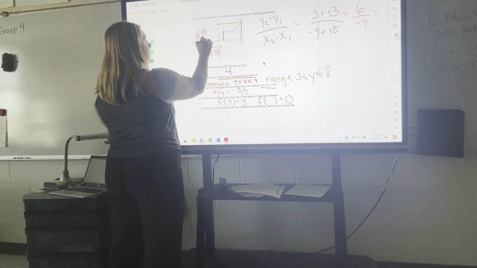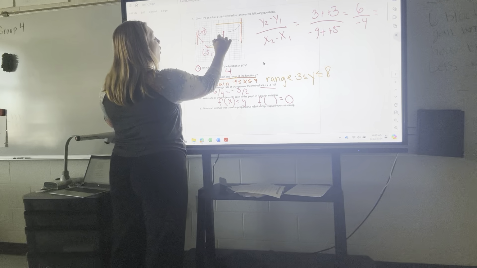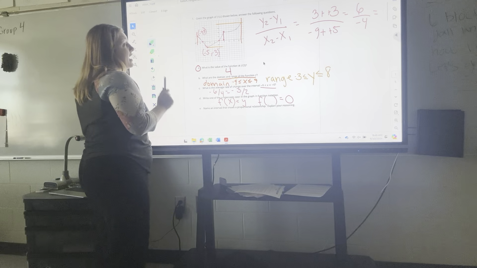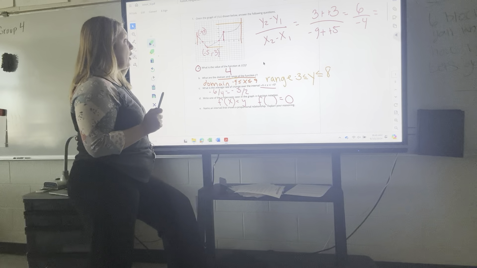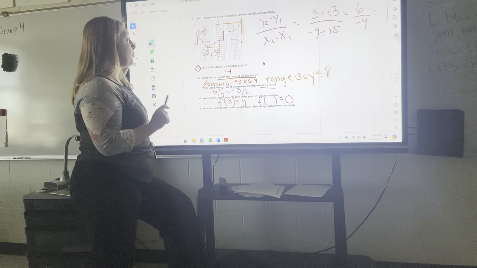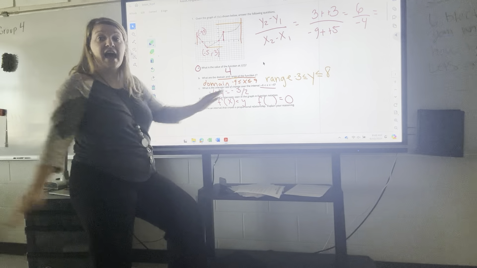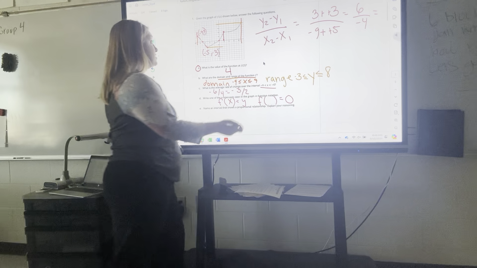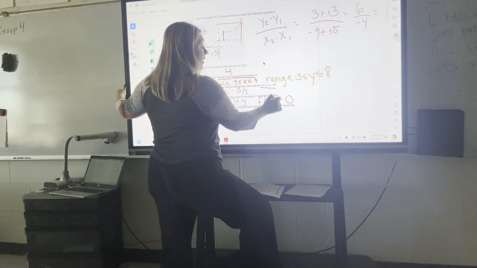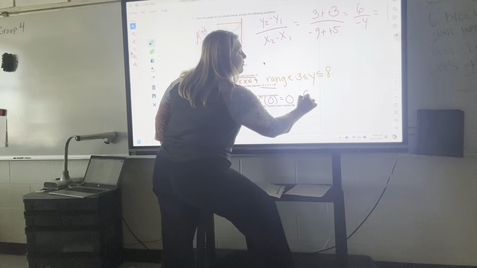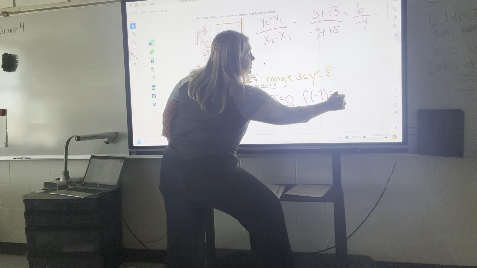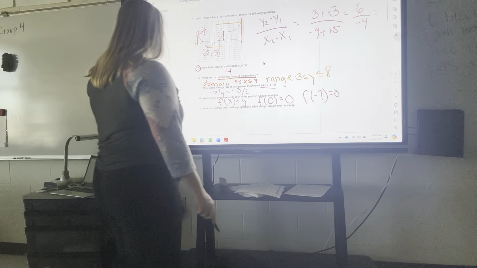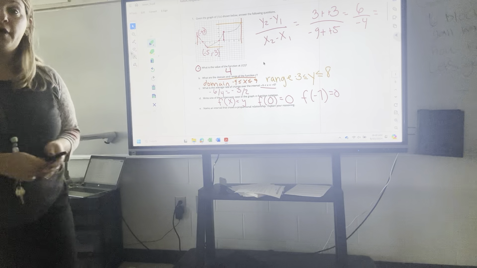It could either be -7 or it could be 0. Those are both places where it crosses the x-axis, so we are going to pick either one. I'm going to put f of 0 equals 0 and f of -7 equals 0. Those are the answers that you could have gotten.